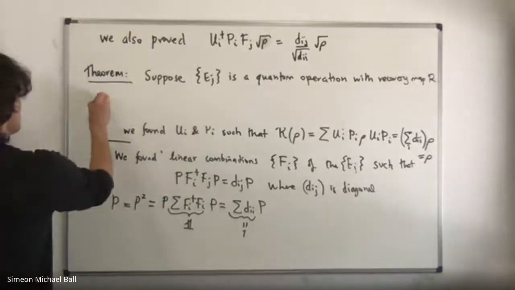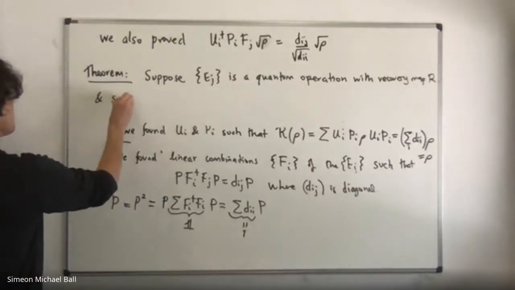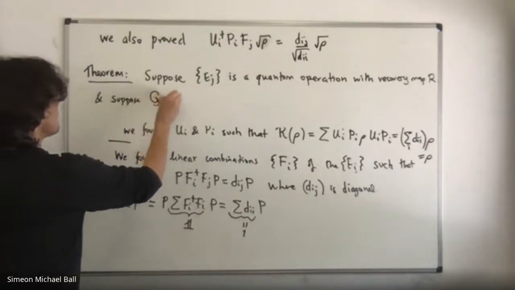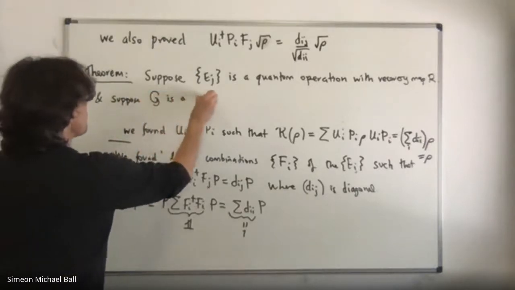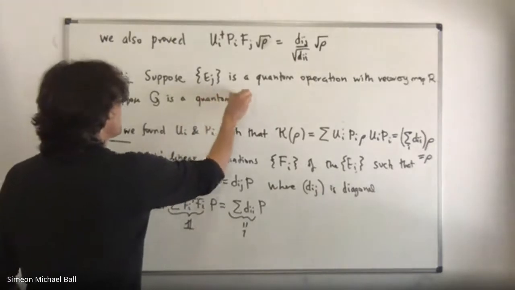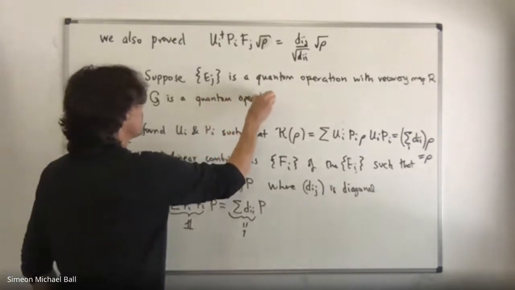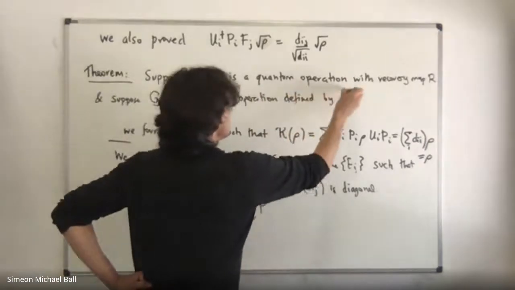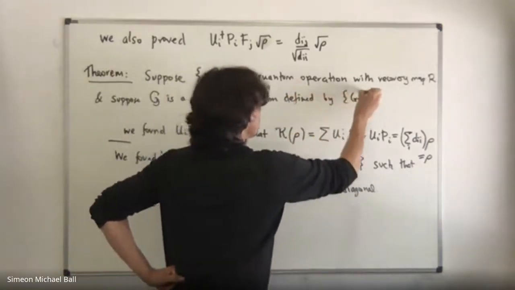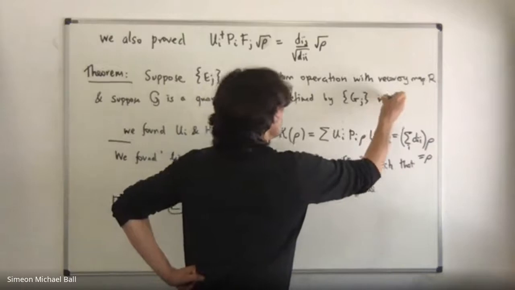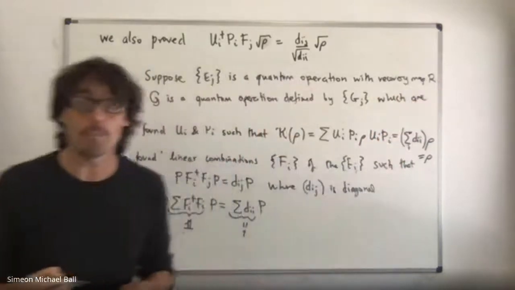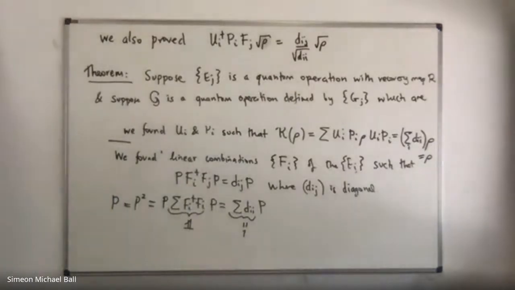Suppose G, so curly G, is a quantum operation defined by G_j's, which are a linear combination of the E_j's.